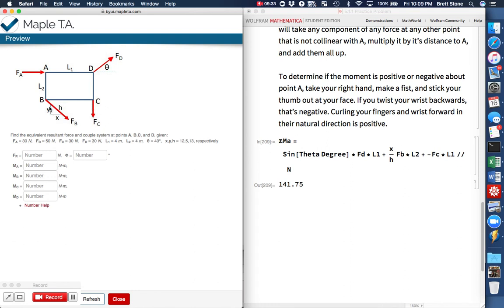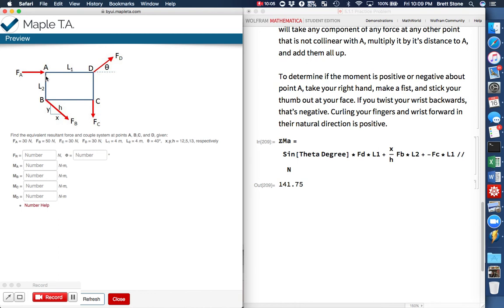And so if we look at FB now, it's a little bit different because the Y component of FB is in line with point A. So Y over H times FB times L2 is going to be, well, sorry, not times L2, but there's no perpendicular distance between the Y component and point A, so it would be times 0.